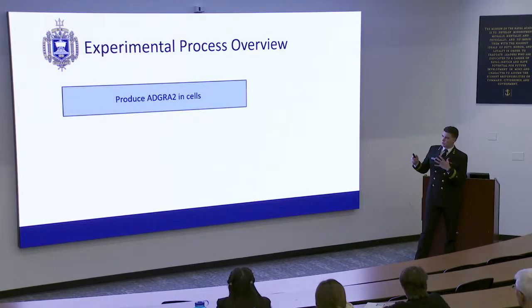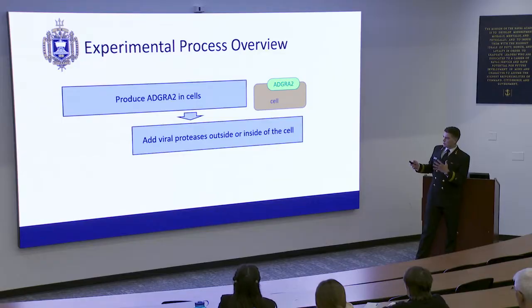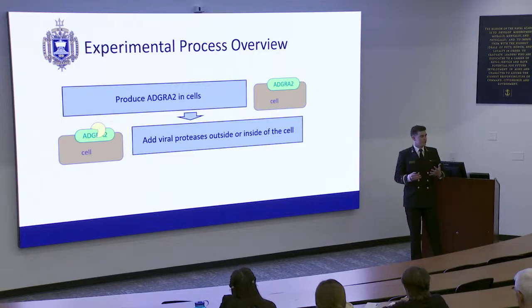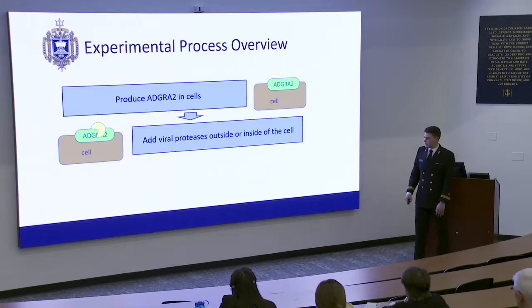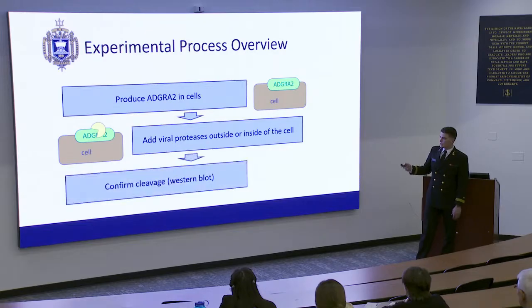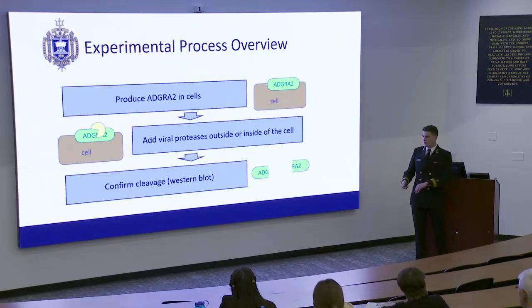First, we produce ADGRA2 in human cells that express this protein. Then we add viral proteases either to the outside of the cell or they originate in the inside of the cell, expressed alongside ADGRA2, and we see if those viral proteases target ADGRA2. And then we look at the protein fragments from the cell and we see if ADGRA2 was targeted and fragmented as a result of cleavage. And we use Western blot analysis to do that, which we'll get into.